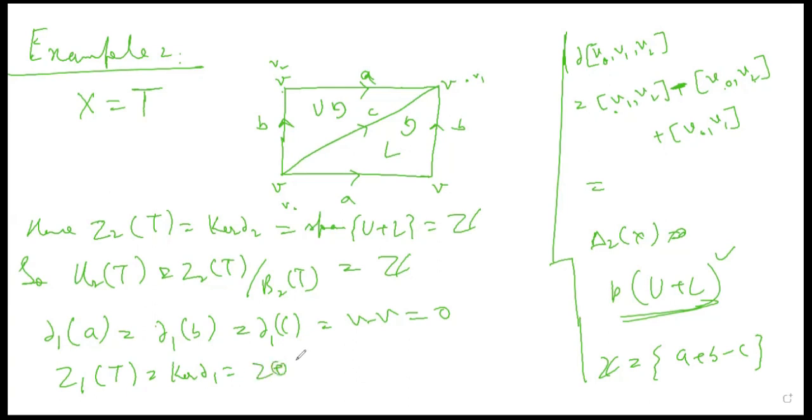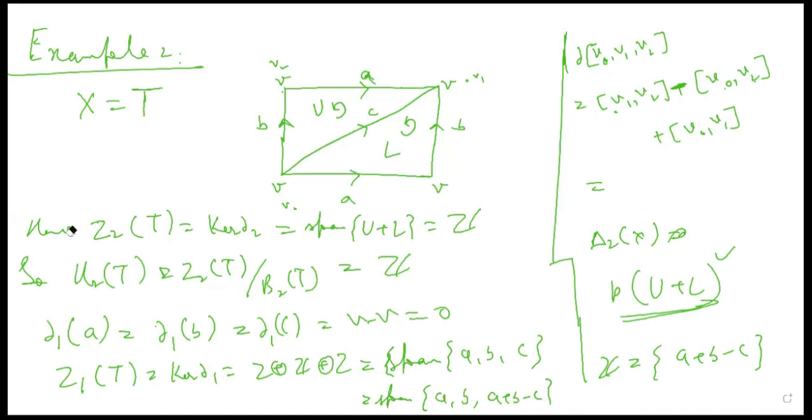It is Z plus Z, and it is generated by span of A, B, and C. But we can consider it to be span of A, B, and A plus B minus C. This we can write as span of A, comma B, comma A plus B minus C. Because these three will give minus C, and from minus C we can get C.